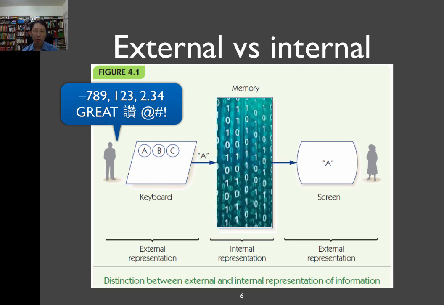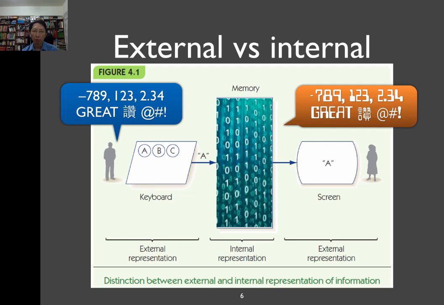Inside the computer, it only uses the binary number, the combination of 1 and 0 to store, to process them. To present the result, computer again will convert the binary to the decimal number, or to the alphabets, to the Chinese characters, and so on, back to the human being.